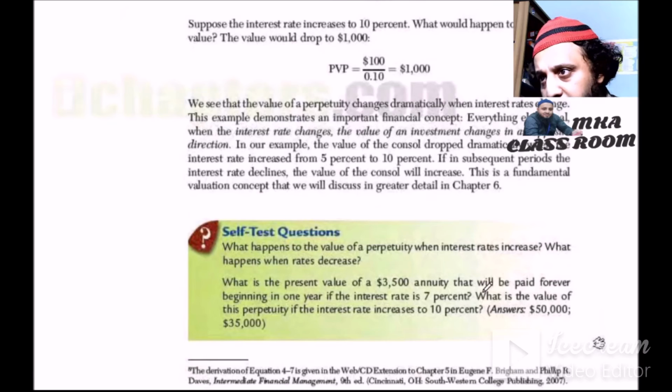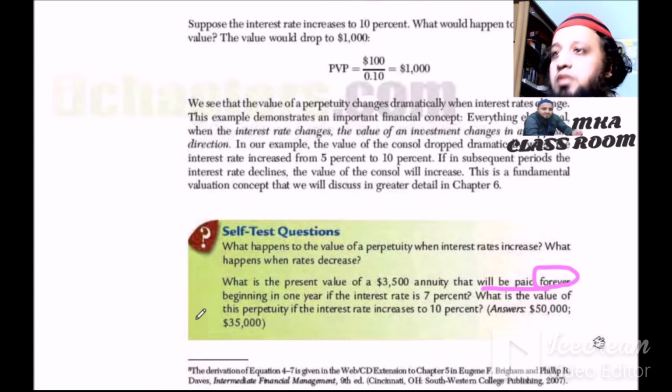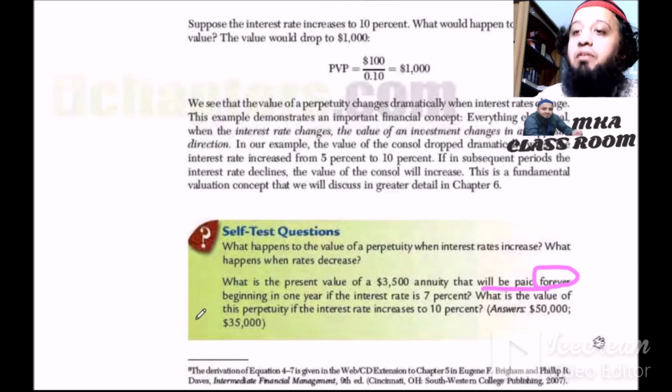That will be paid forever. Perpetuity. What is the present value of a 3,500 annuity that will be paid forever beginning in 1 year? So it is called the present value of perpetuity.